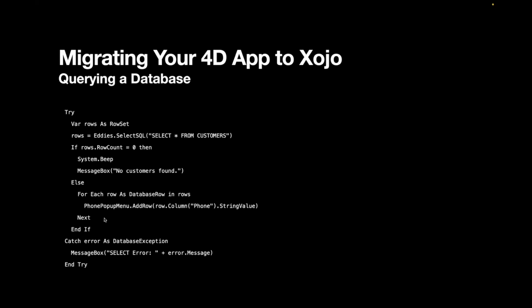So each time it goes through this loop, it's going to populate the next row, and DatabaseRow is a class in Xojo, from my row set called rows. So in this case, it's going to take a control called PhonePopup, call AddRow, and then this is the row set again, row.Column, told which column, .StringValue, and it just loops through them.